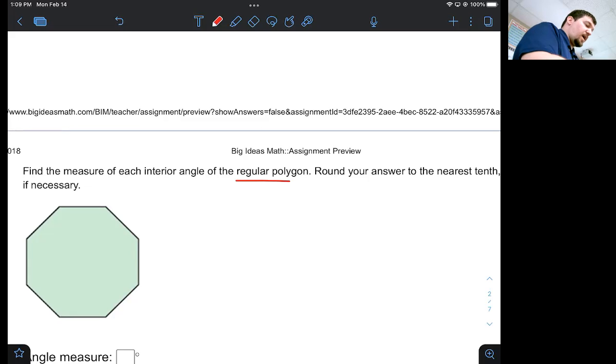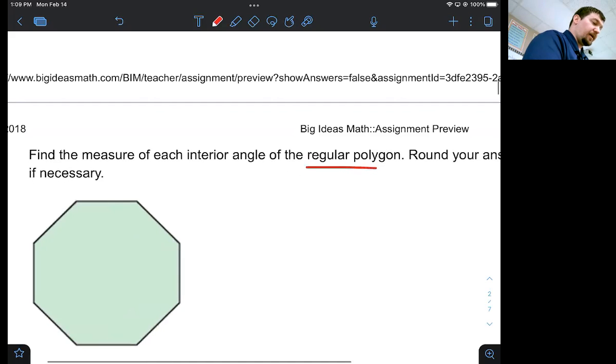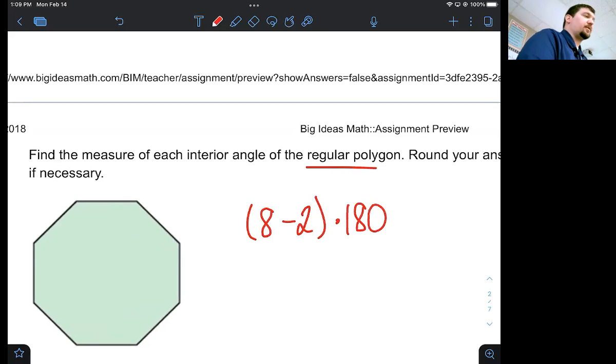So this is a regular what? Lizzie? Octagon. It's a regular octagon, has 8 sides. So using our formula, 8 minus 2 times 180, that's going to tell us how many degrees an octagon has. Lizzie, do you know how many degrees an octagon has?